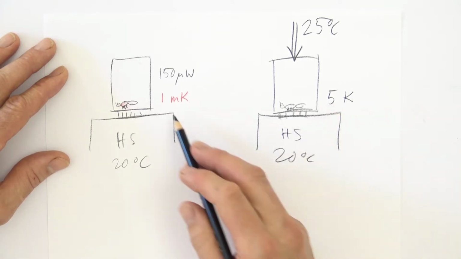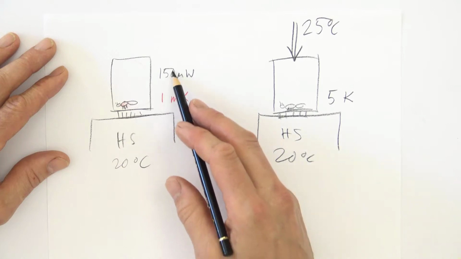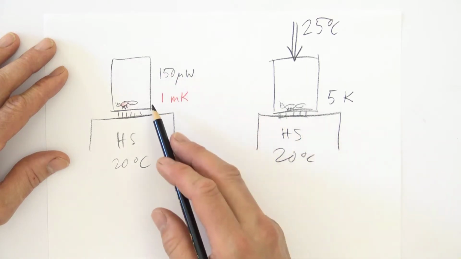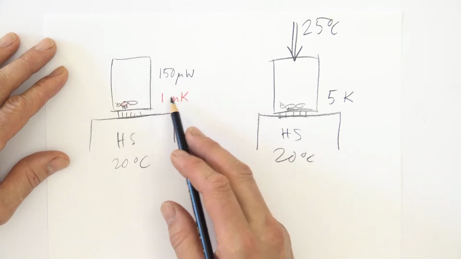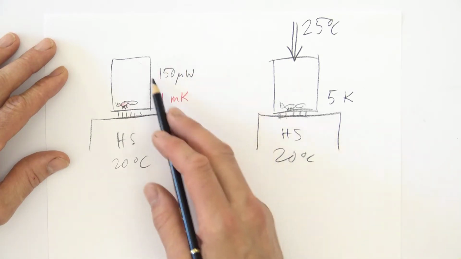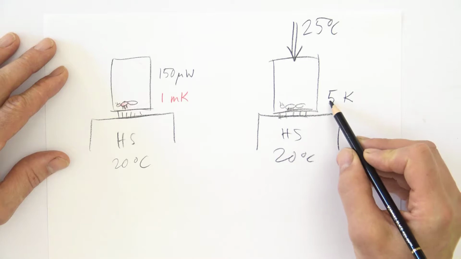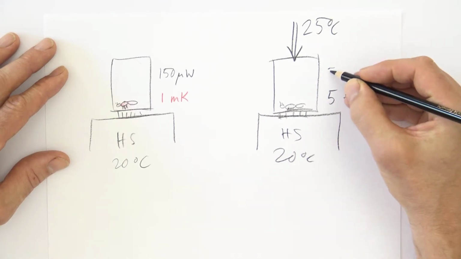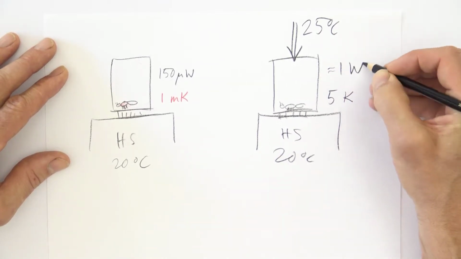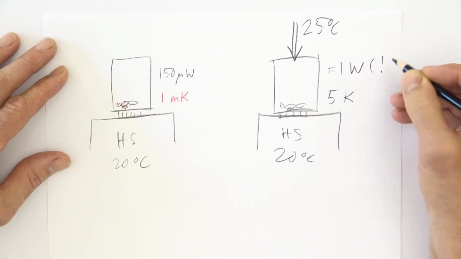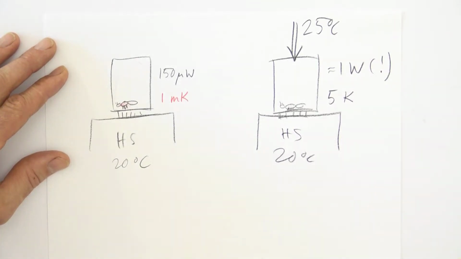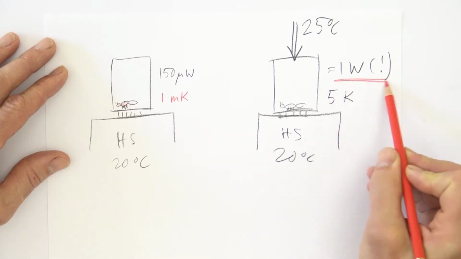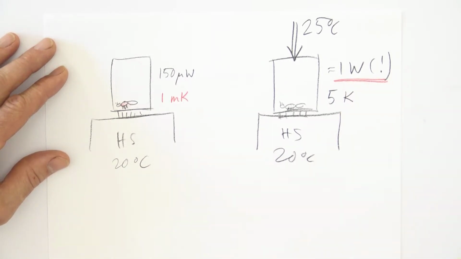Now, just looking at these numbers here, there is a proportionality between the temperature difference and the thermal power. 5 K corresponds to approximately 1 watt. And this is a huge thermal power, far higher than can be measured by normal isothermal calorimeters.